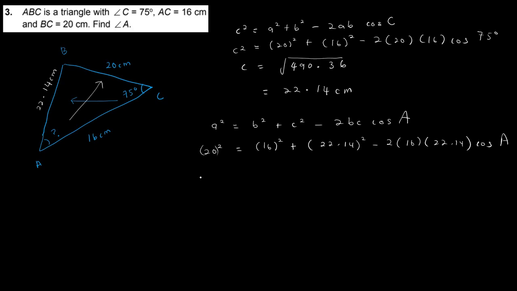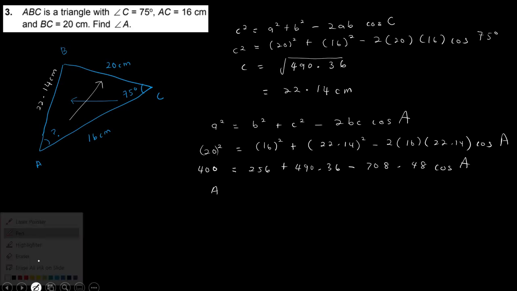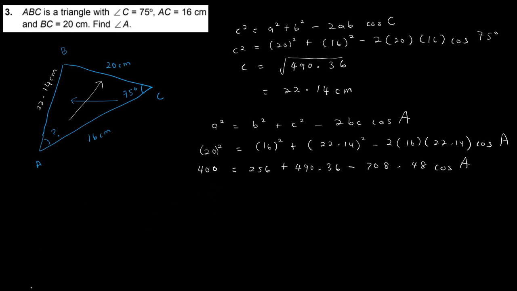20 square is 400, equals 256 plus 490.36 minus 708.48 cos A. Simplify.